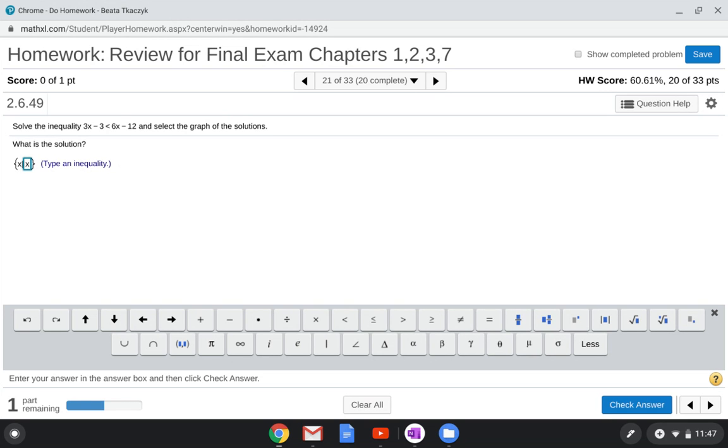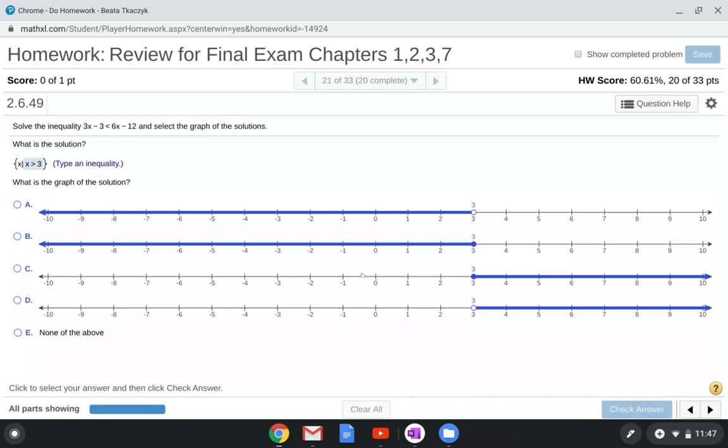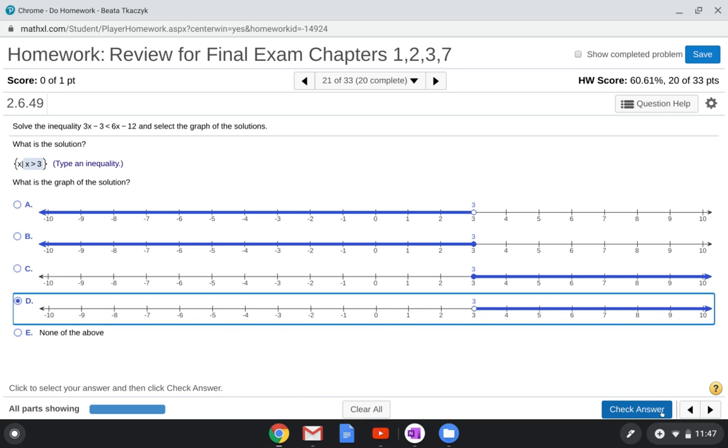I need to type x greater than 3. Okay, that way. I'm sorry. Okay, and now you have to select the graph. So x greater than 3, so all the numbers bigger than 3. So you're not including 3, which will be this one, D. And the inequality is matching the direction of the number line, so it should be D.